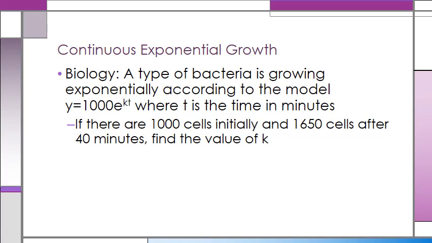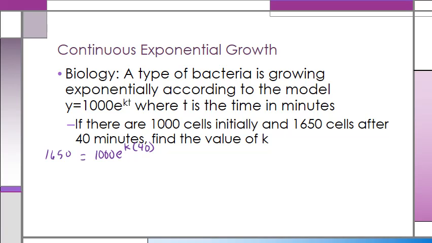So we're simply going to plug and chug our way through this. We substitute in 1,650 for y, 1,000 for A, e raised to the power of k, that's what we're going to solve for, and our time we're told is 40 minutes.